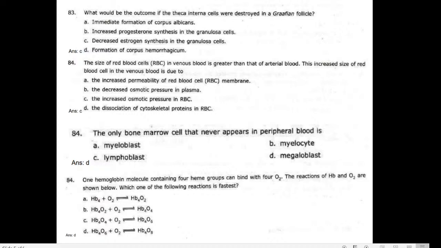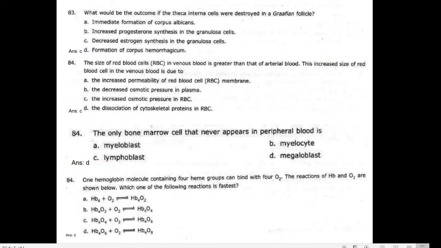With this specific chromatin pattern, there is unusual large growth of the bone marrow cells, and immature red blood cells are produced. These immature red blood cells are called megaloblasts.